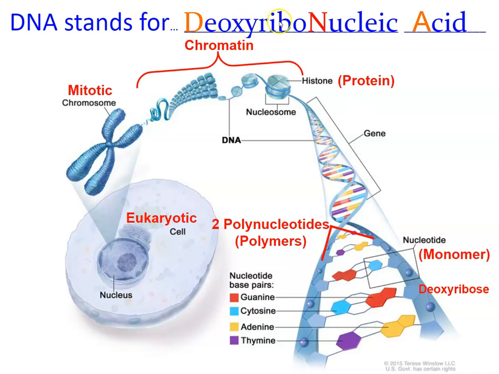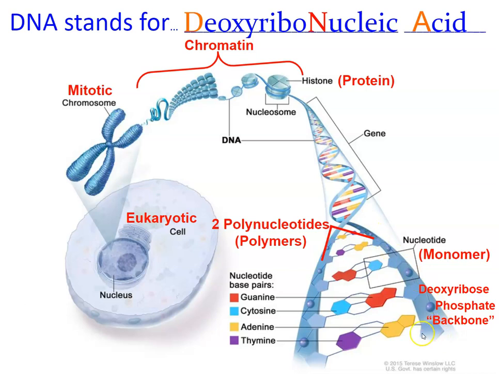That's where the deoxyribo of deoxyribonucleic acid comes from. And then, of course, there's phosphate, which is the same as the phosphate that we saw in ATP. Back when we were studying ATP, remember the TP stands for triphosphate.